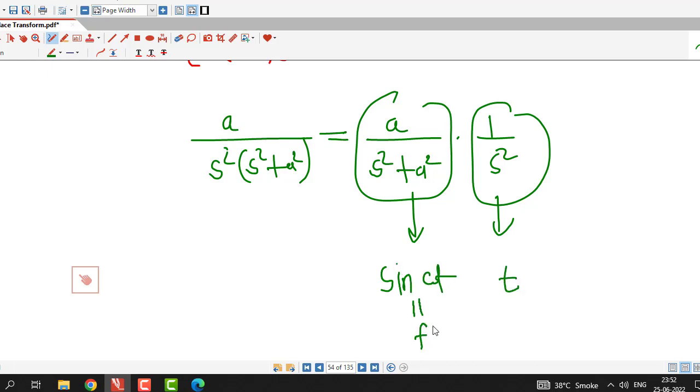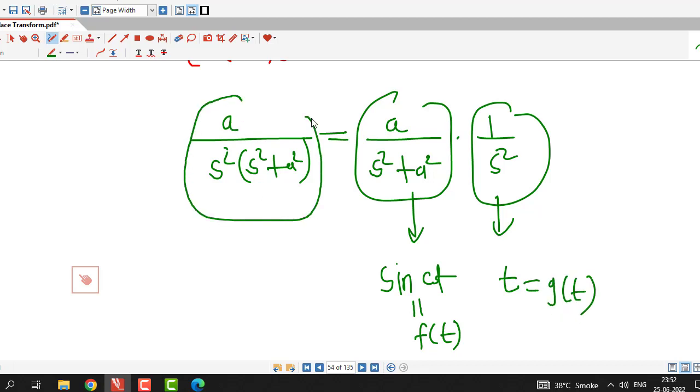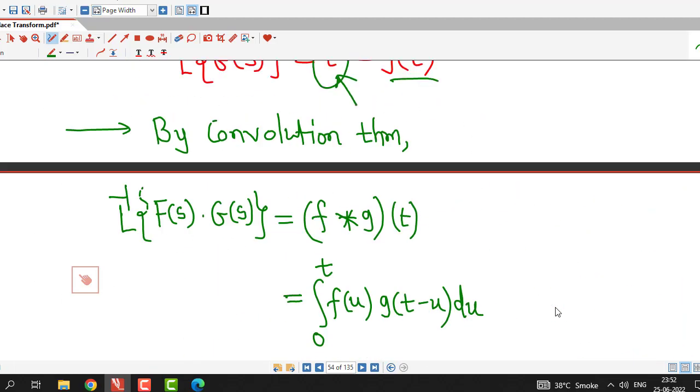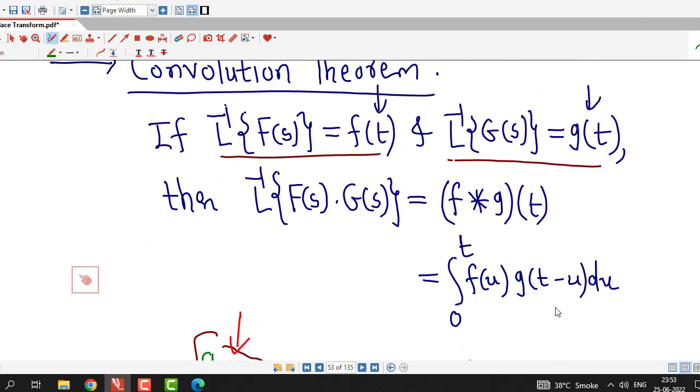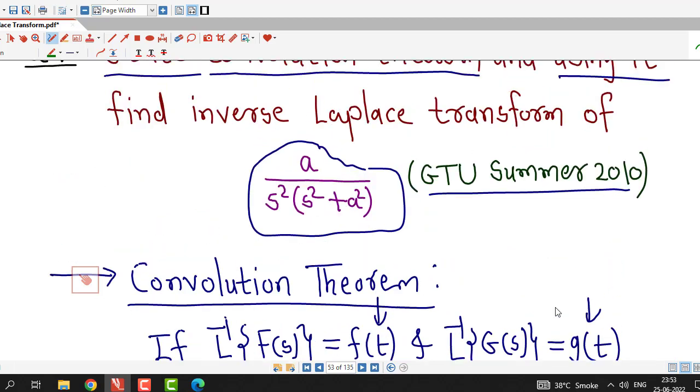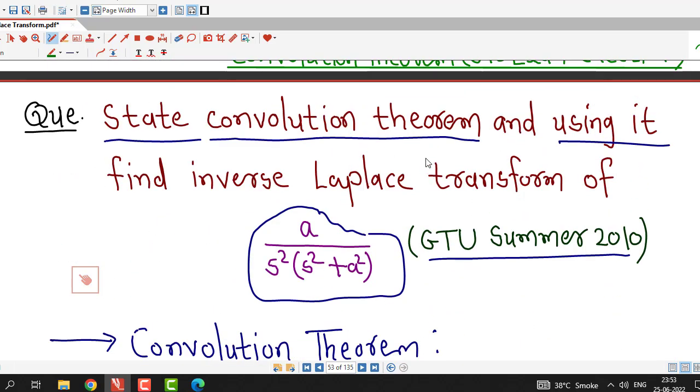This we consider as small f, this we consider as small g, and inverse Laplace transform of this function is nothing but convolution of these two functions by the convolution theorem. So we can easily obtain inverse Laplace transform of some functions using convolution theorem.